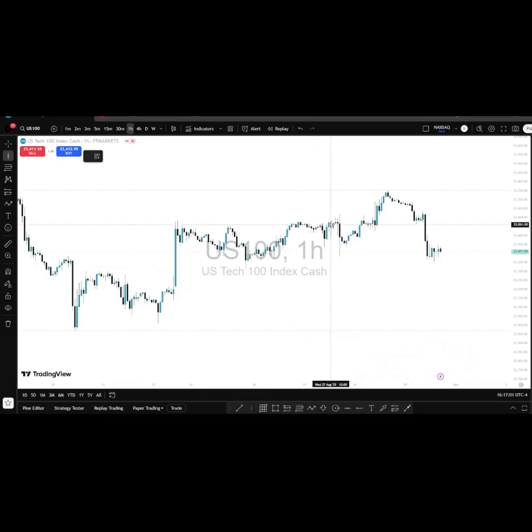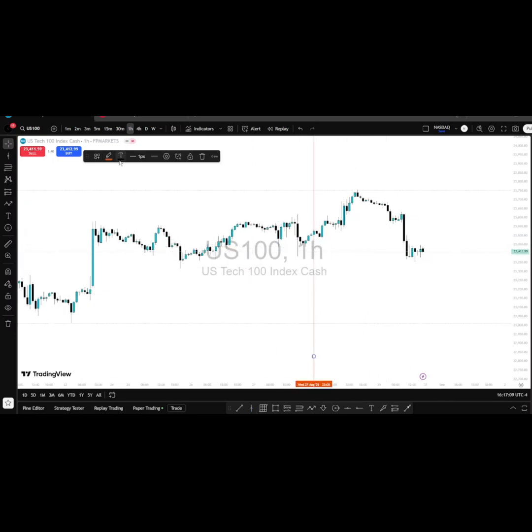So I'll just label my midnight levels as usual. That is my midnight open daily divider. I call this vertical that I mark on the midnight my daily divider.